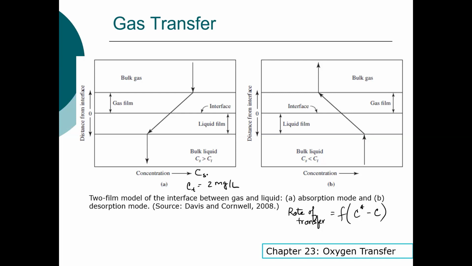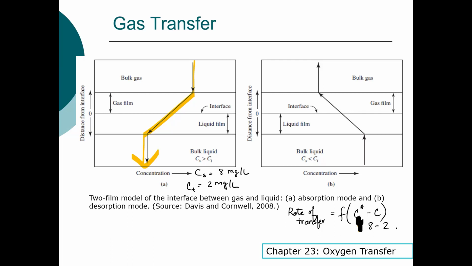And the saturation concentration at temperature of the water is, let's say, 8 milligrams per liter. So in that case, okay, the transfer is going to be from the gas into the liquid. So we're able to essentially think of it as a positive. We've got 8 minus 2, that's positive.